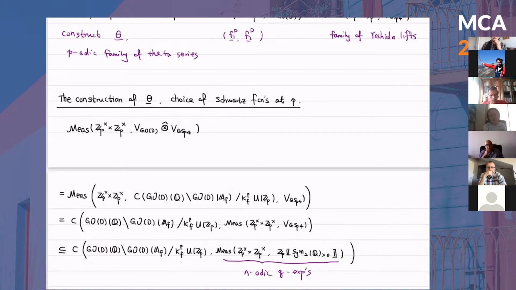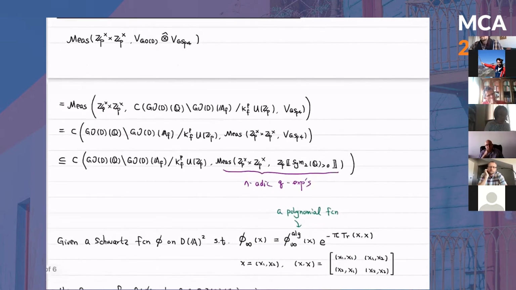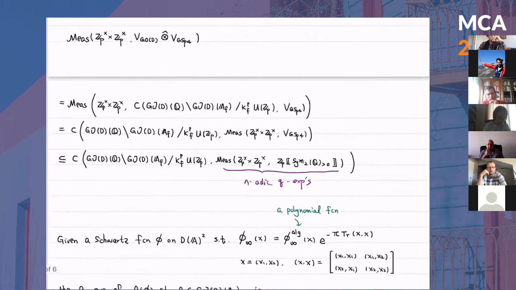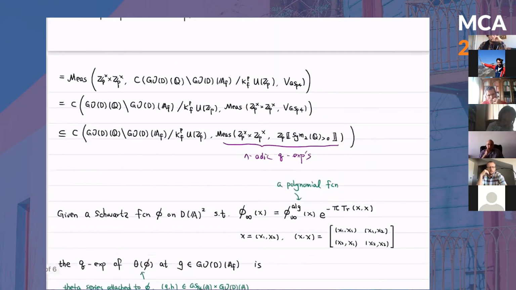So we want to interpolate those q-expansions. What we need is to pick a Schwartz function Phi kappa 1, kappa 2, where kappa 1 and kappa 2 are points of the weight space.